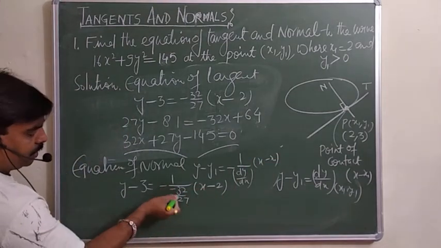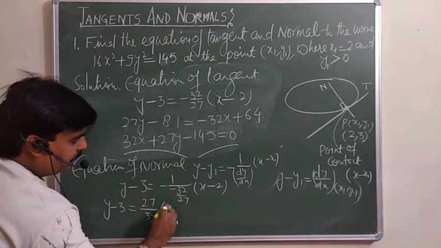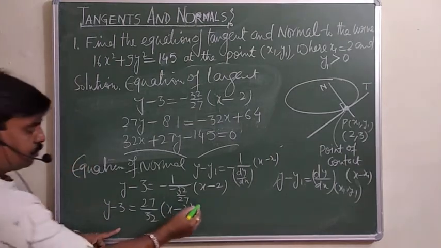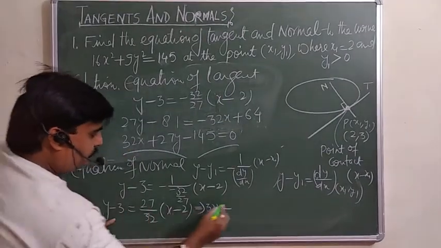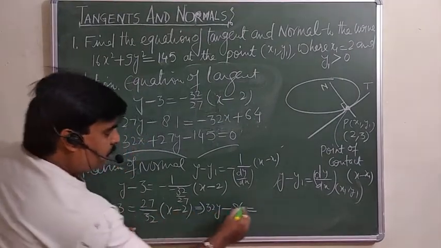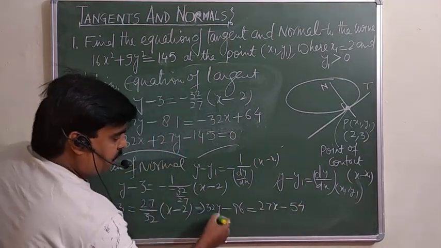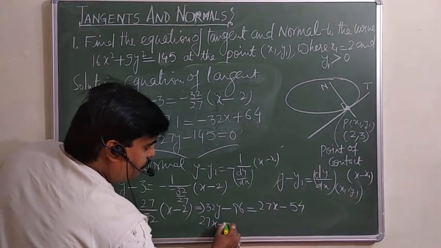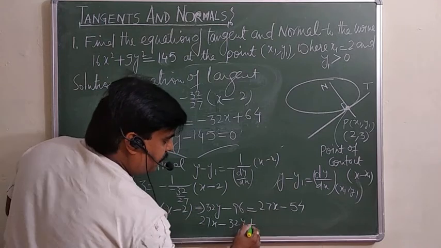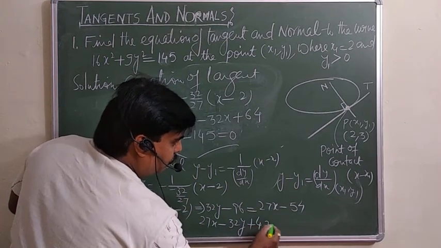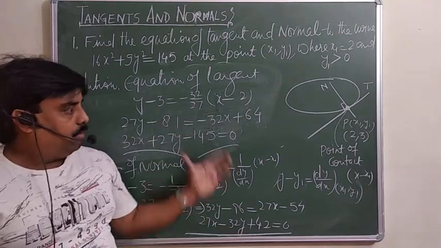The minus signs cancel, so y minus 3 is equal to 27 over 32 into x minus 2. You can solve this. So here you will get 32y minus 96 is equal to 27x minus 54. Transposing, 27x minus 32y plus 42 is equal to 0. This is the equation of the normal. Have a look.